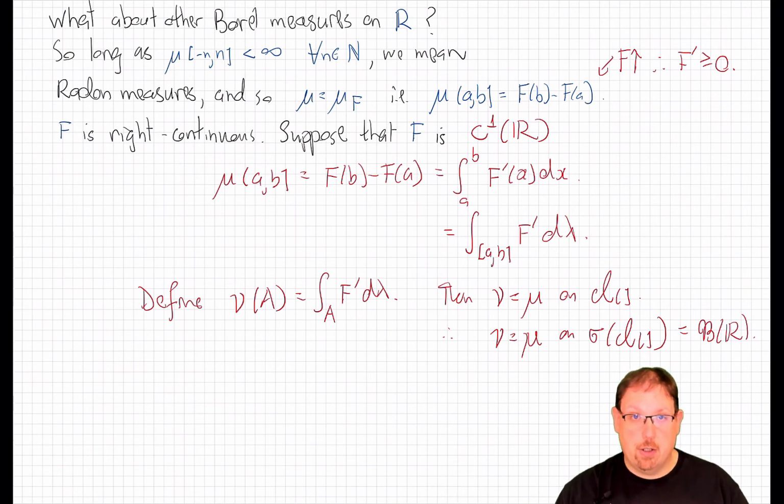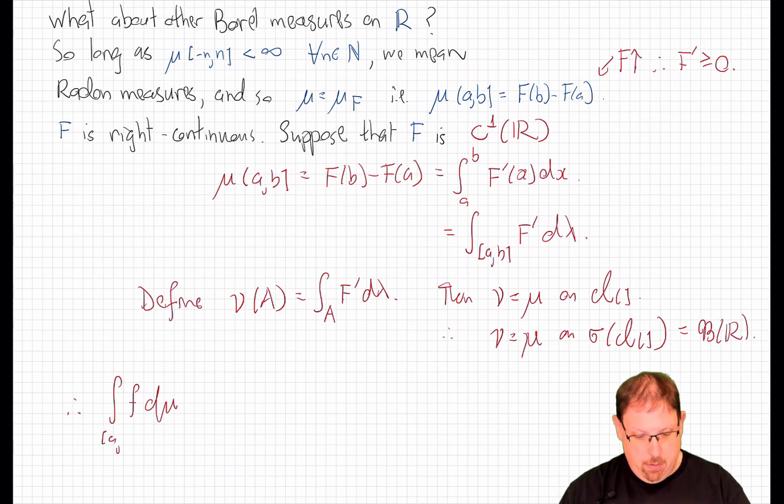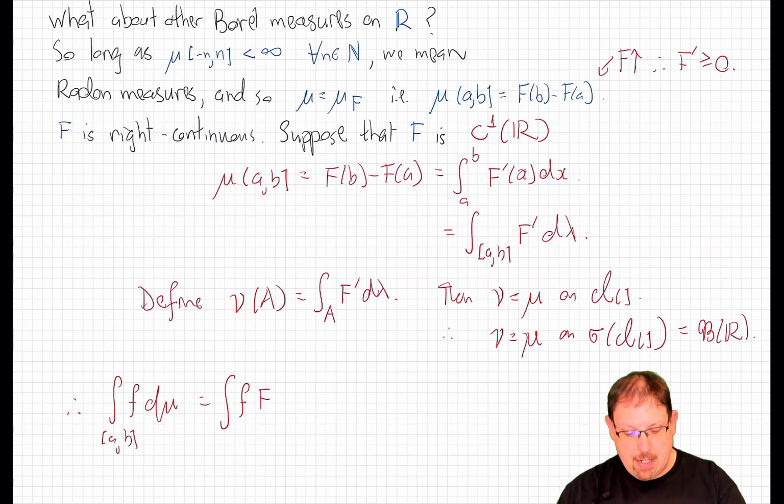And so you can conclude further by your homework problem that if I want to integrate any appropriately integrable function, little f, against this Radon measure mu on the interval from a up to b, you can do that by integrating f times the density f prime d lambda on that interval.